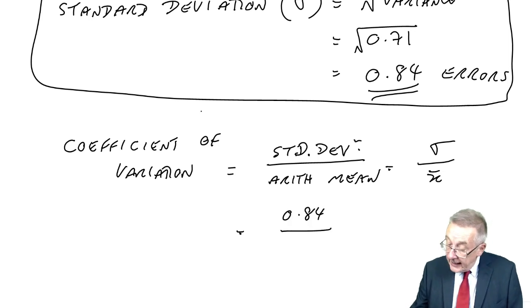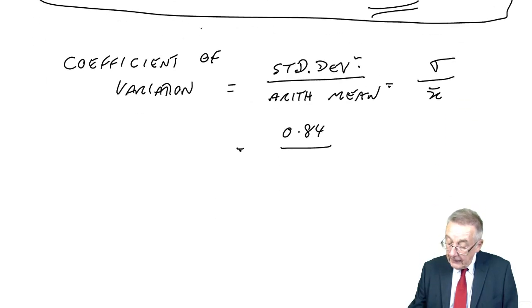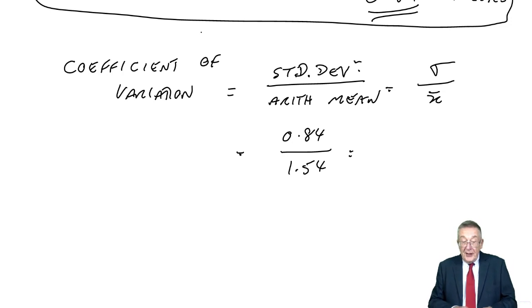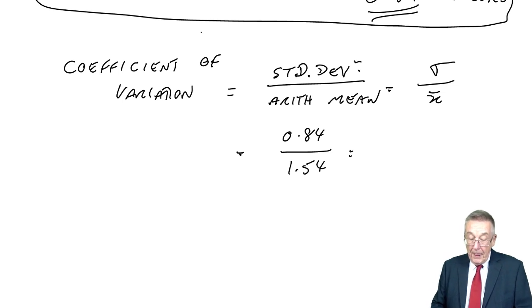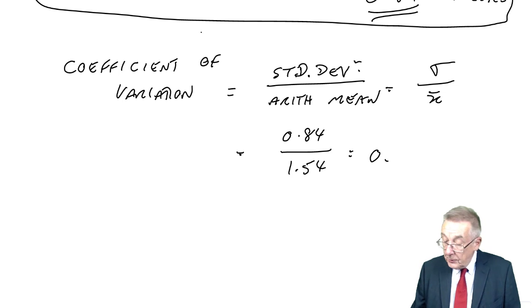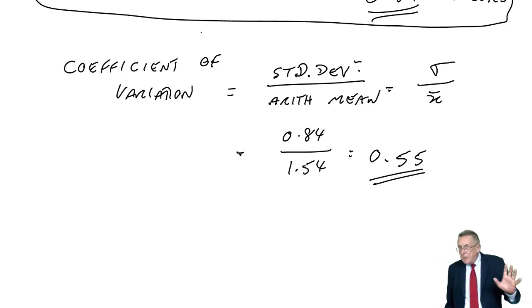The arithmetic mean, I think, was 1.54, yes, 1.54. And so the coefficient of variation is again, if I round to 2 places, 0.55. So it just could be useful.